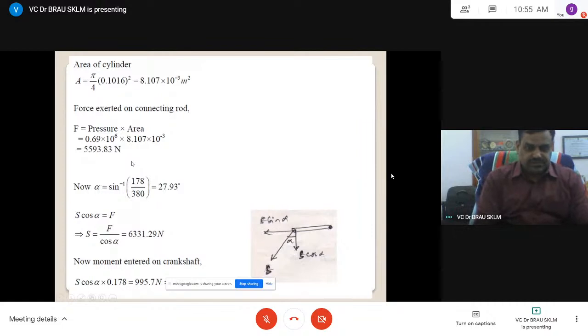Okay. Now this is what is the connecting rod. Force in the connecting rod, and it has to be resolved with respect to vertical and horizontal. From this, alpha can be obtained.